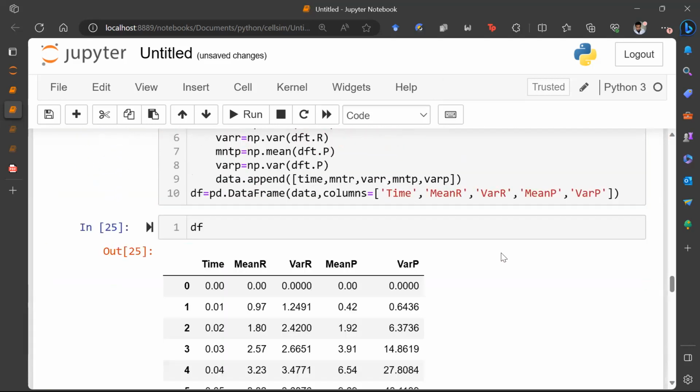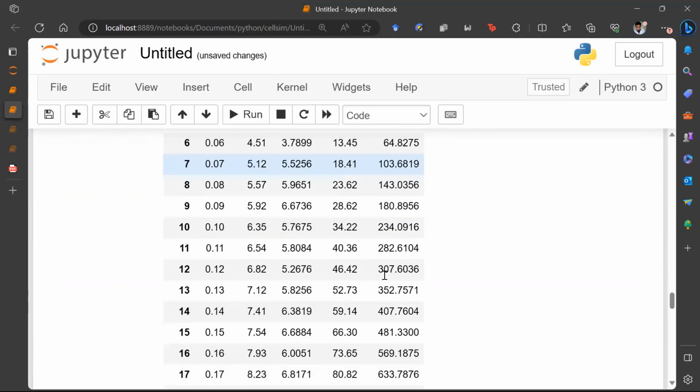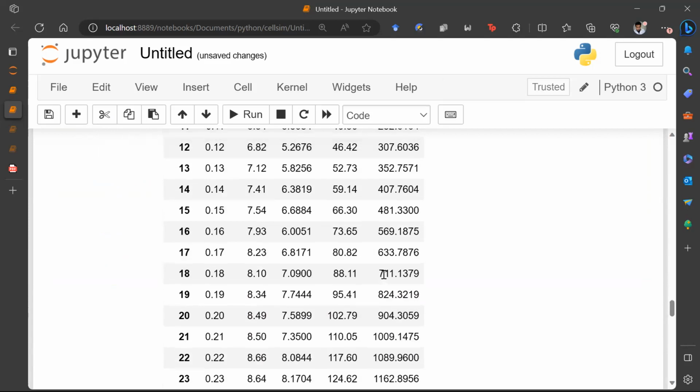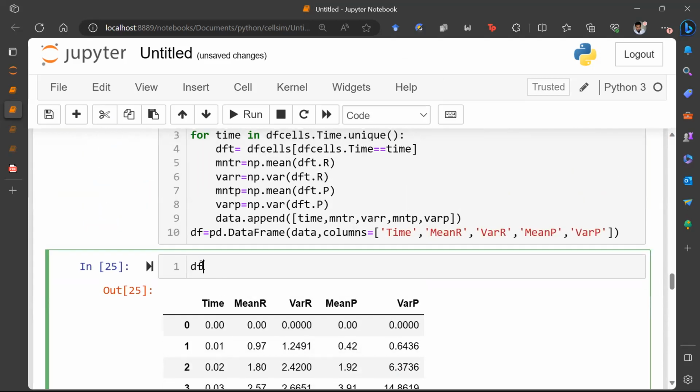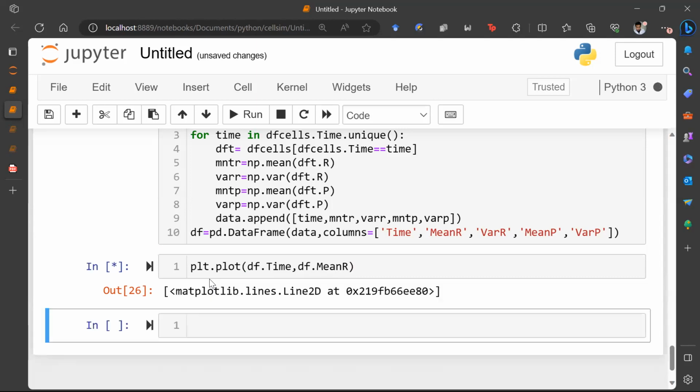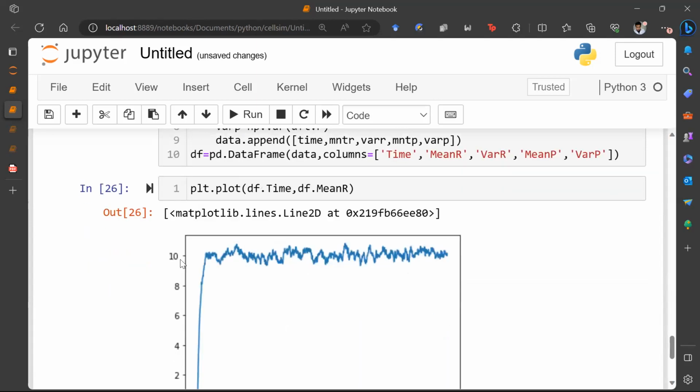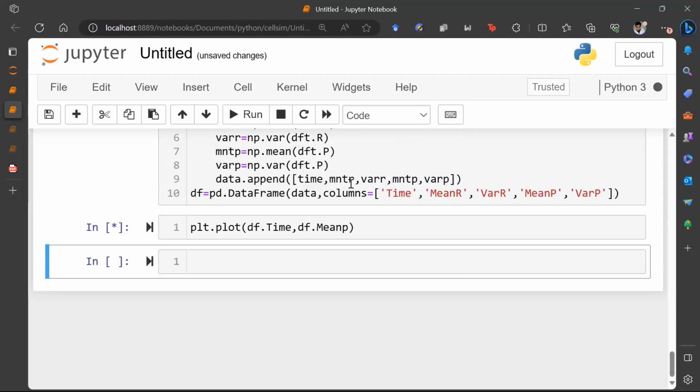So this takes a little bit of time. It gives you the mean and the variance of the distribution over time. So we can plot it. The time in X and the mean, let's say R. So you see the mean is very stable at 10 as we expected.